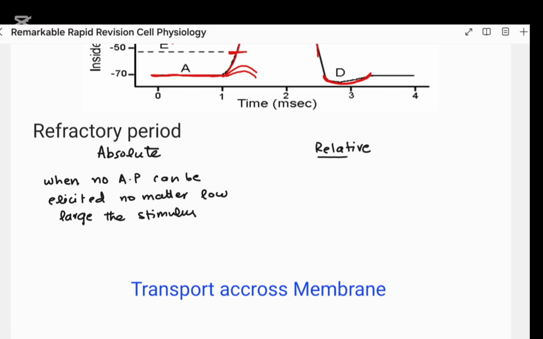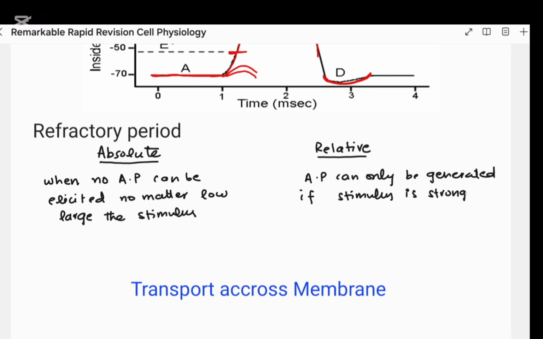And in the relative refractory period, an action potential can only be generated if the stimulus is stronger than usual. In a nutshell, whenever there is an action potential already existing, the entire period of the action potential is the absolute refractory period.